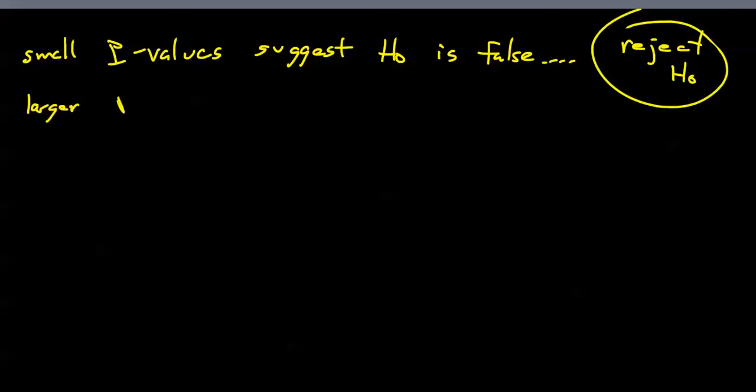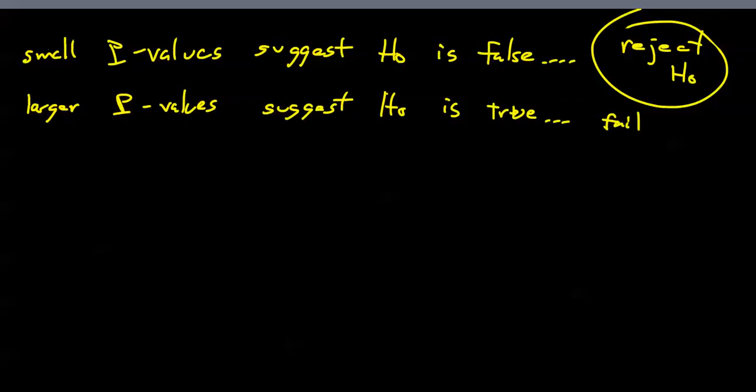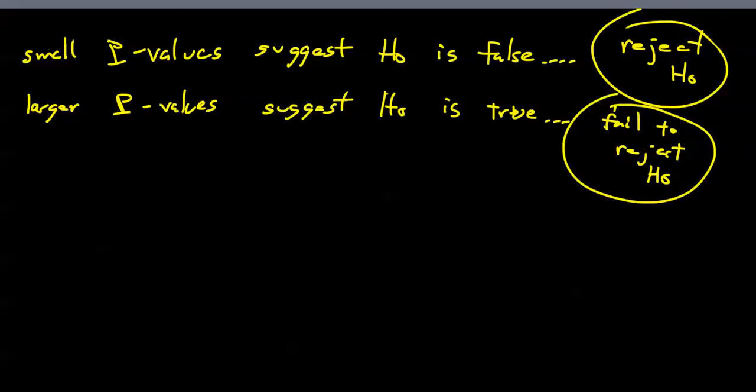Larger p-values conversely suggest that H0 is true, and in that scenario, I would fail to reject H0. Your hypothesis test questions will always be answered with one of these two statements: either we reject H0 or we fail to reject H0.